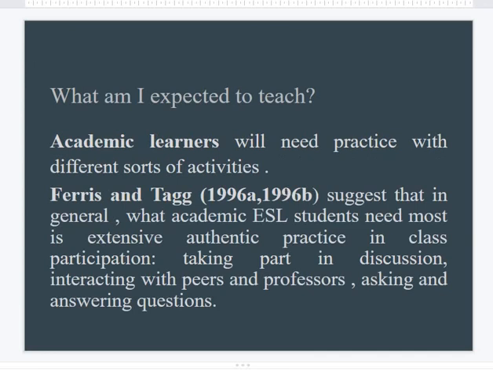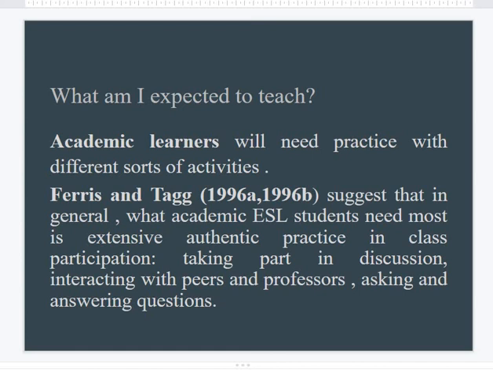So the last question arises: what am I expected to teach? Basically, academic learners will need practice with different sorts of activities. When we talk about practice, it is practice which makes a person perfect, whether it is teaching, reading, writing, speaking, or listening.